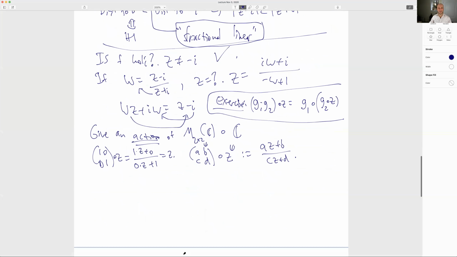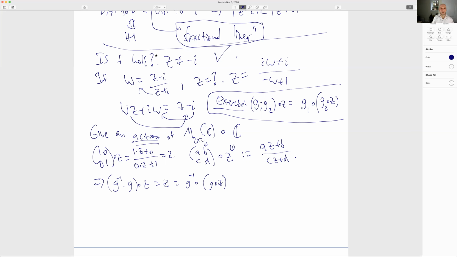If we want to know what the inverse is, all we have to know is the inverse matrix, right? The inverse matrix will have, therefore, G inverse G acting on Z will be Z, and therefore G inverse acting on G of Z is the inverse map of F, of G, whatever G is as a matrix.